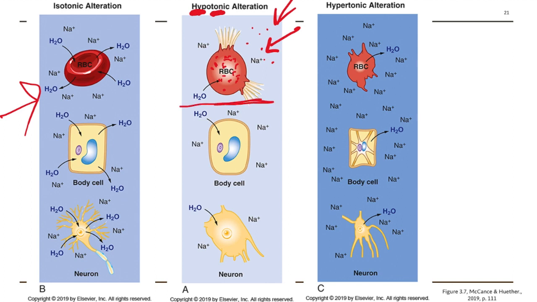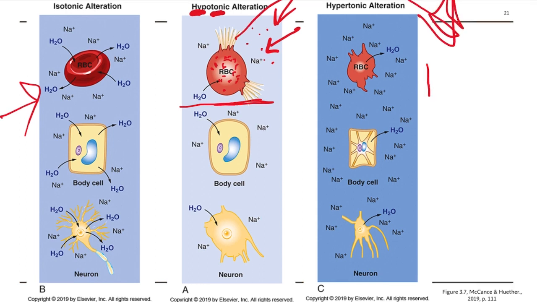So if you think of this as what we were drawing earlier, this is the cell and this is the extracellular space, right? The extracellular space is hypotonic, and the intracellular space, inside the cells, is hypertonic or normal, but it has much more than the hypotonic on the outside.